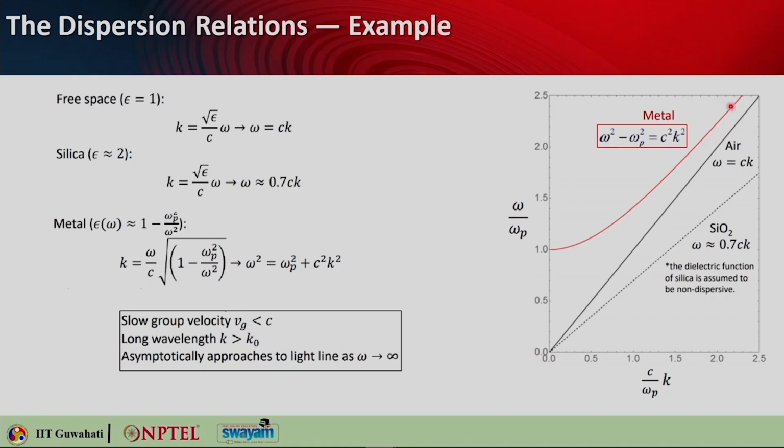Somewhere towards infinity, these two lines will kind of merge. So what is important to remember here is that you will get slow group velocity.